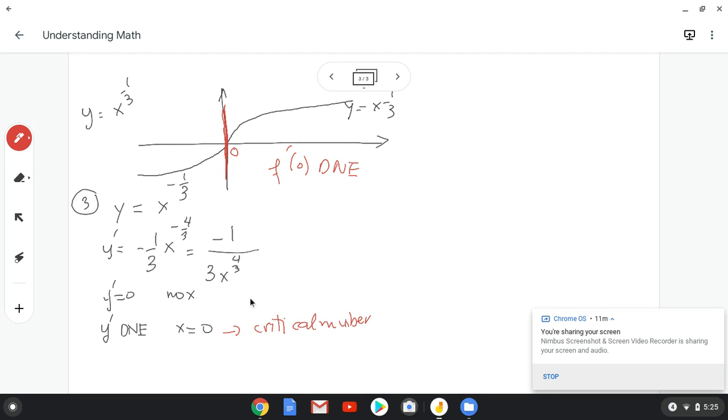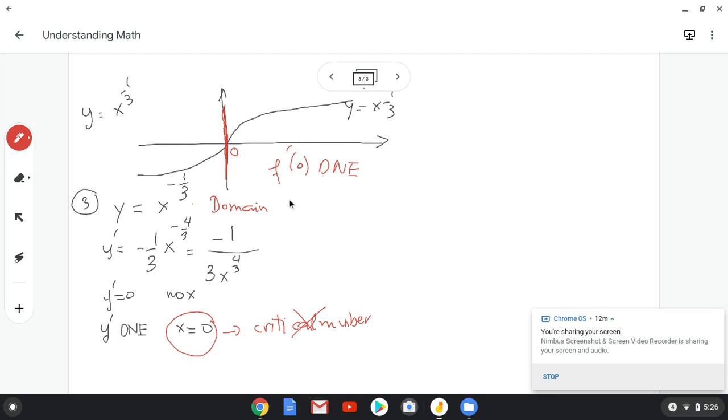However, actually it is not a critical number. This is incorrect. The reason I say that is because I agree that the derivative does not exist when x equals 0, but what is the domain of this function? Right?